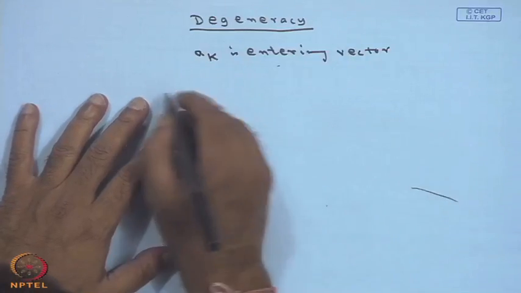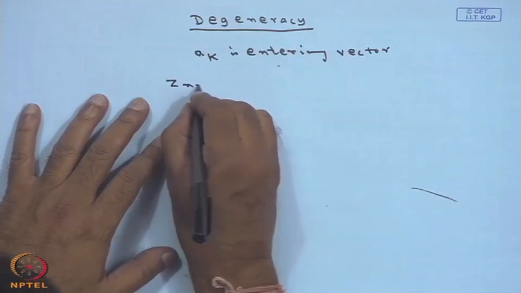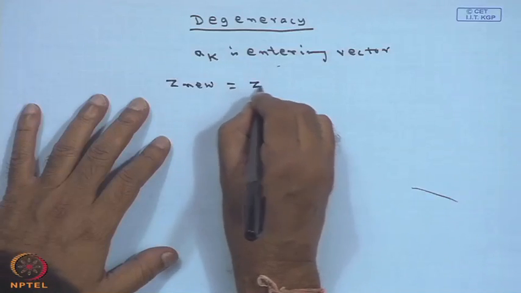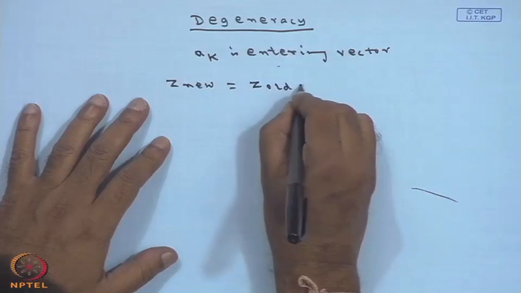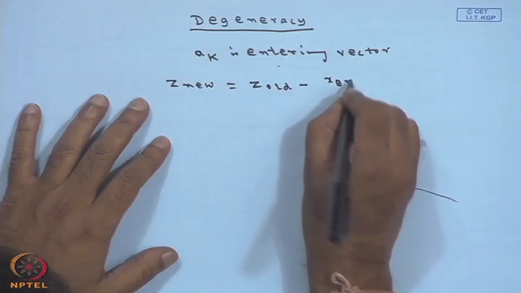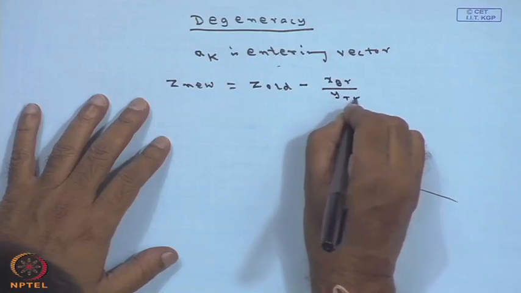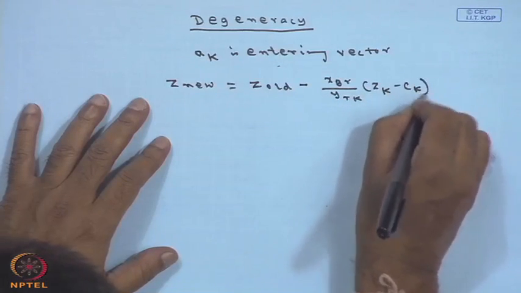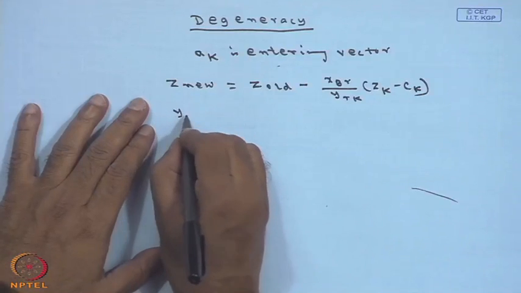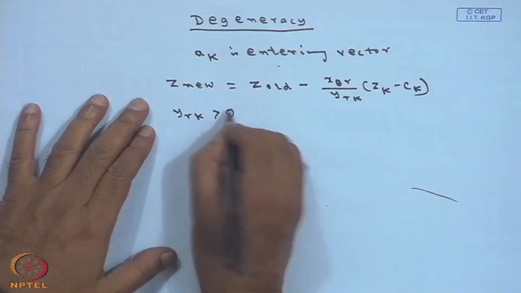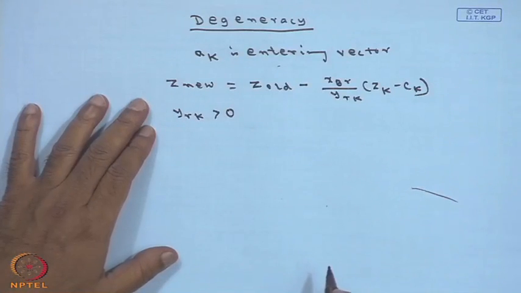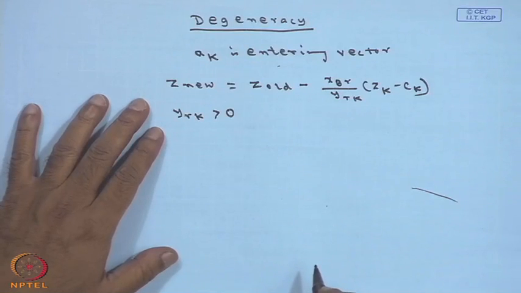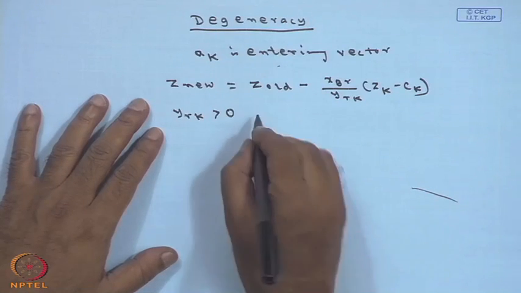Now, the new z value can be written as z old minus x b r by y r k, the ratio, into z k minus c k. We are assuming that y r k is greater than 0, otherwise there will be no departing variable.